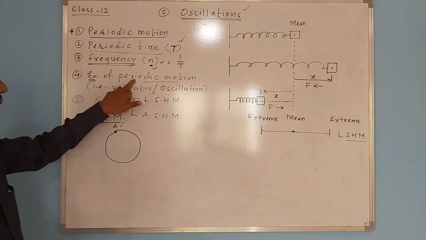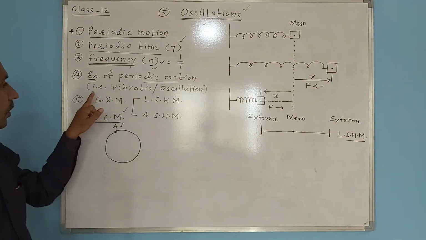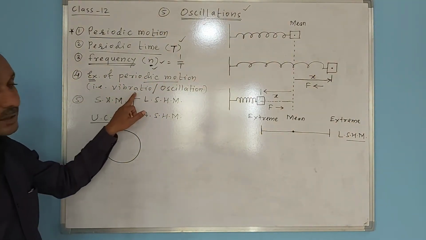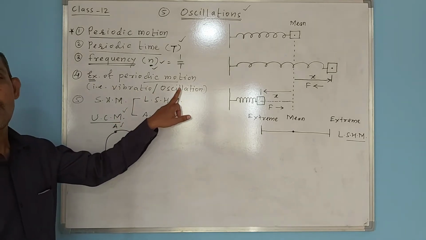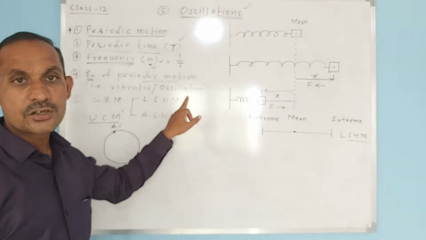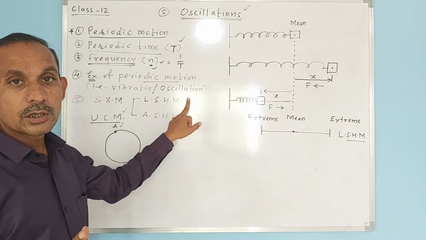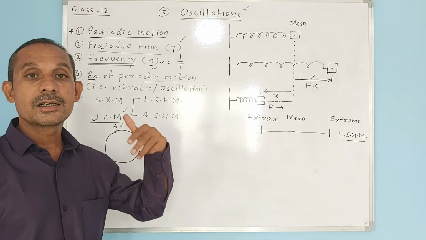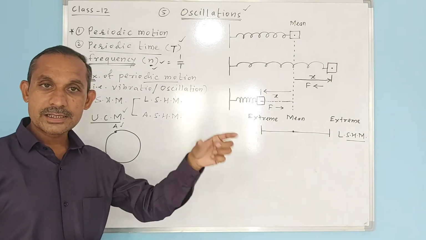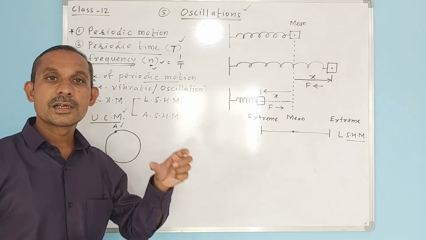One example of periodic motion is vibrational motion or vibration, or oscillatory motion or oscillation. Oscillation is a periodic motion because it repeats along the same path after a fixed interval of time.